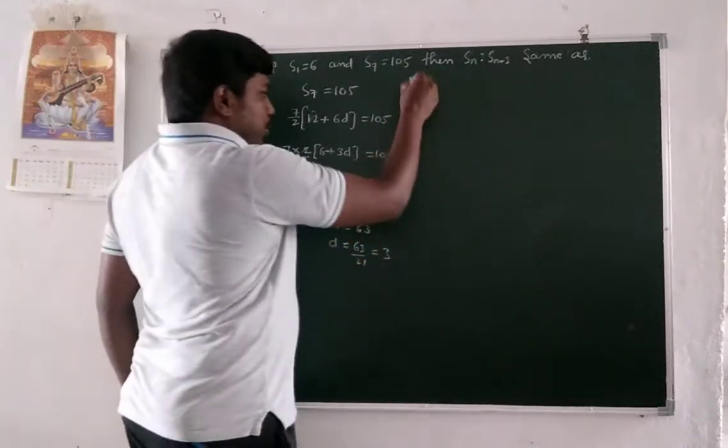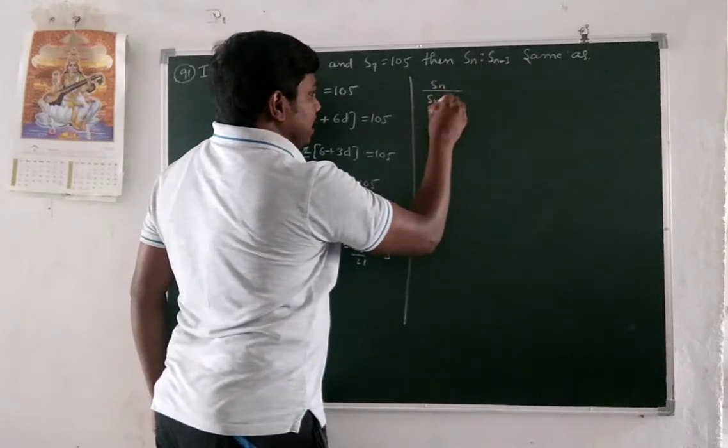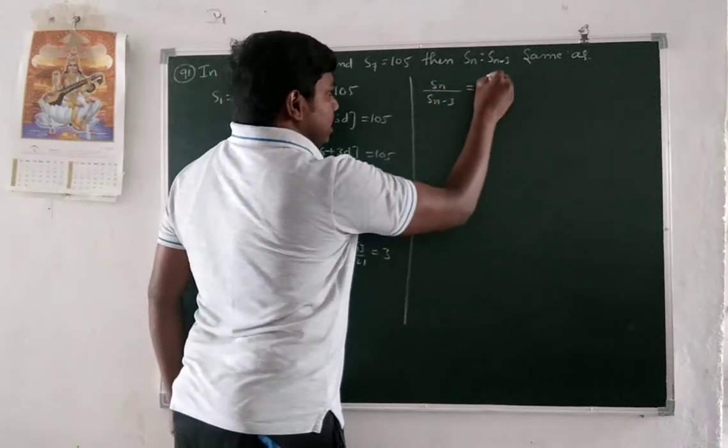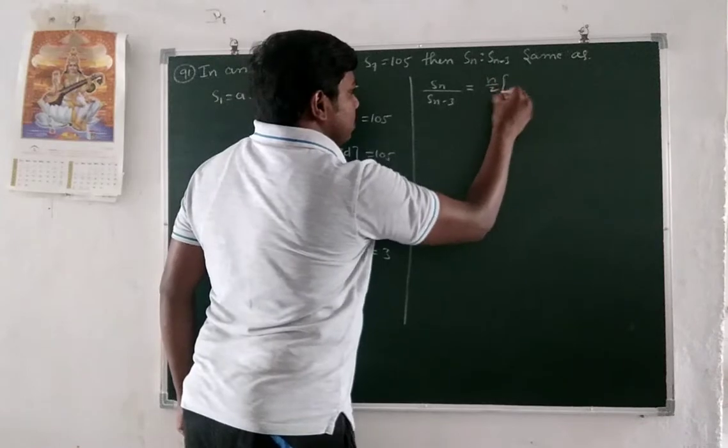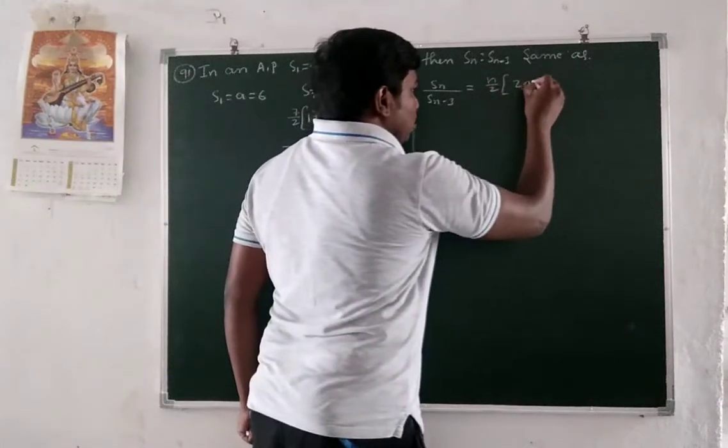So take the ratio of Sn divided by Sn minus 3. What is Sn? Sum of n terms of an AP: n by 2 into 2A.